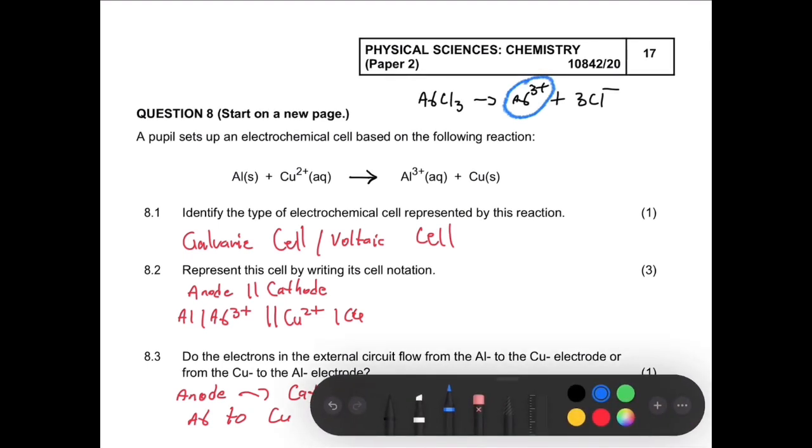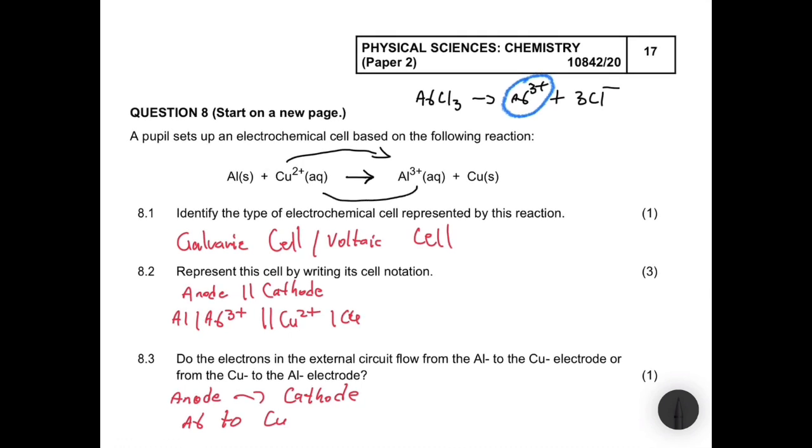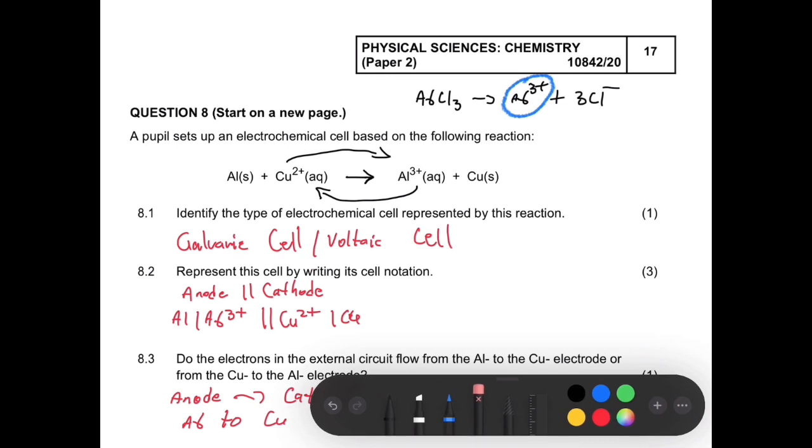But then what effect will that have on our EMF, right? So that's where the new knowledge comes in. The new knowledge is that on this equation, if the forward reaction is favored, the EMF is going to increase. But if the reverse reaction is favored, the EMF is going to decrease.